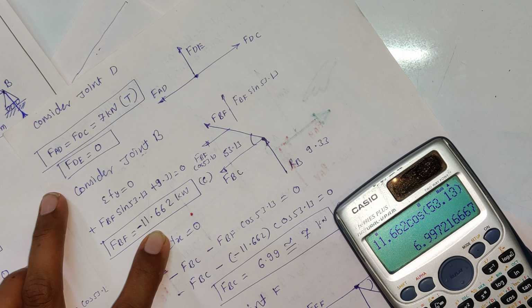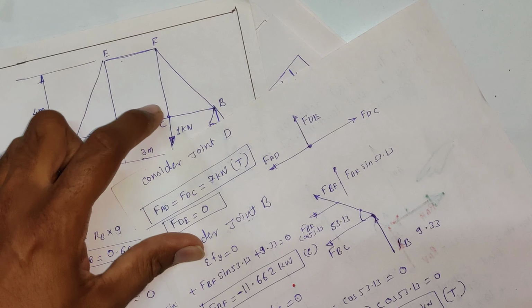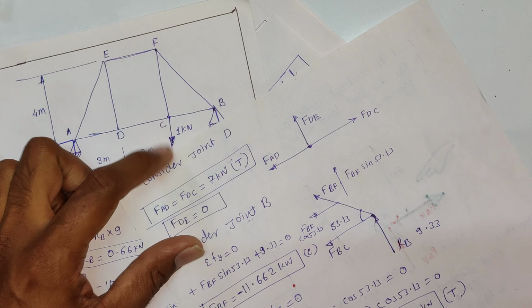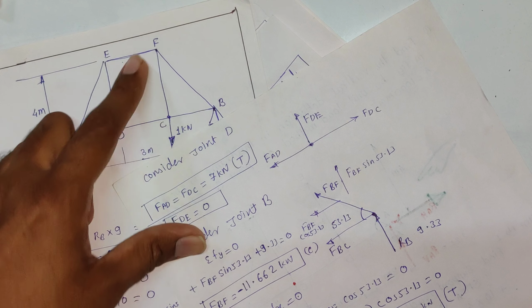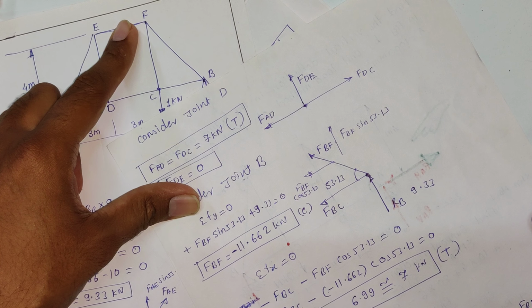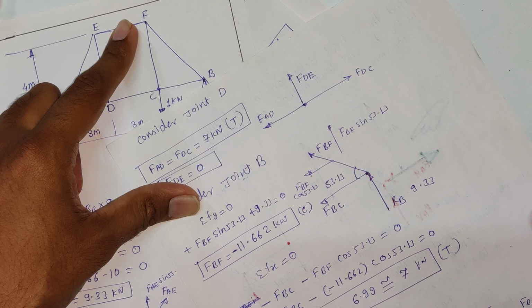So answer is again 6.99, nearly equal to 7 kilonewton. You can see here in this diagram, this is equal to this, right? So CF is equal to 1 kilonewton tensile.